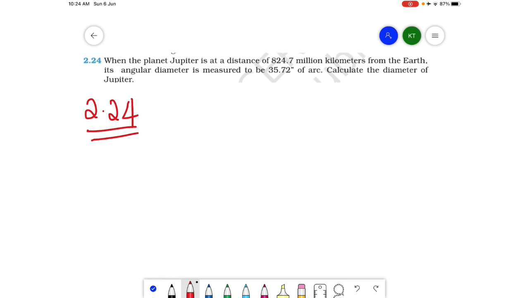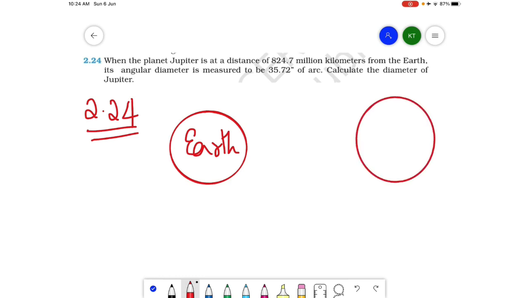So when we're drawing this, suppose this is the Earth, this is Jupiter. What we require to find is the diameter. Calculate the diameter of Jupiter. So this is our question, B equal to question mark.